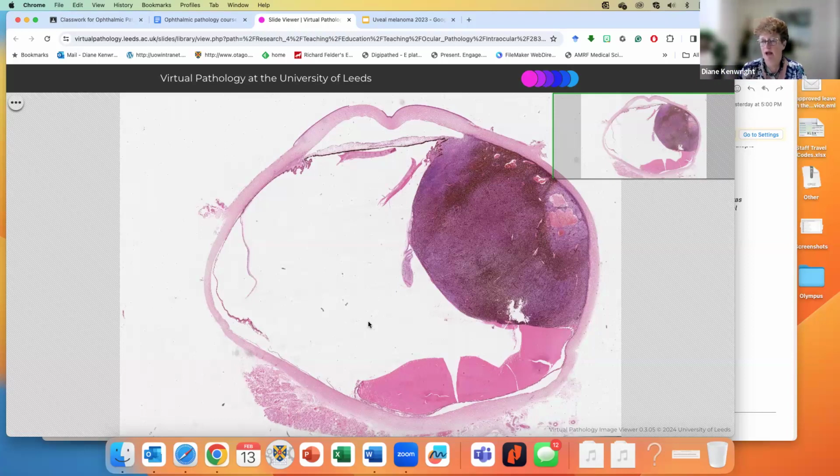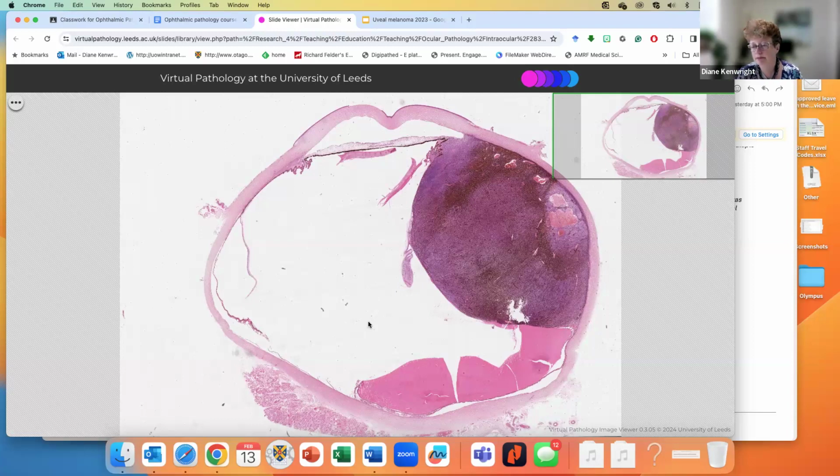And then at high power, I would confirm that they are melanocytic nuclei around a nerve. So I'd be able to recognize a nerve by the wavy nerve nuclei. And then I would do multiple levels in that area to see how far through the sclera the nerve and tumor went. Because sometimes it goes right the way through the sclera and sometimes it goes part way through the sclera.